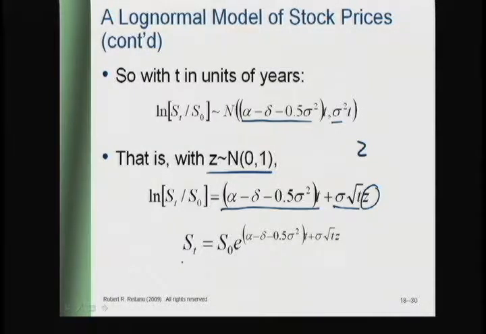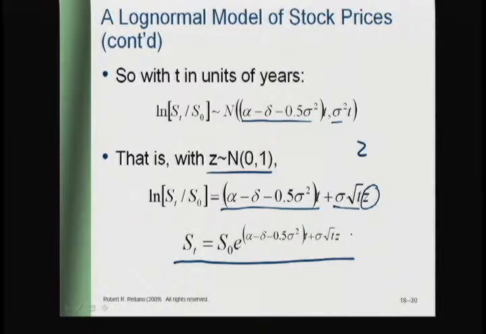And so finally, we get a way of modeling stock prices at time t. If we can determine a process for generating a variety of Z values from a standard normal, and we'll talk more about that in Chapter 19, we can plug them into this formula and thereby generate a log-normally distributed sample of stock prices at time t.